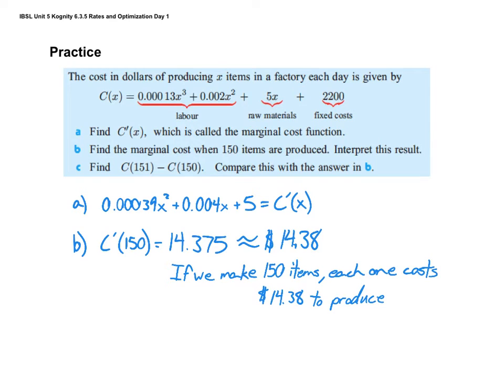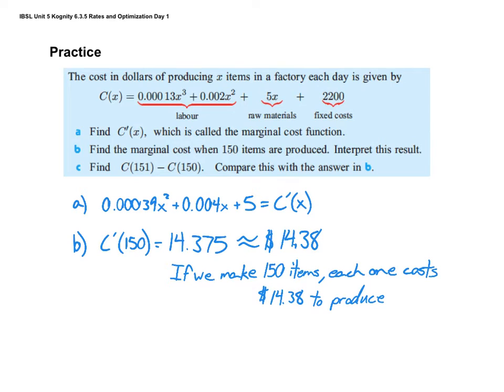So if I then took that number, and I'll use the unrounded number, 14.375 times 150, my total costs for those 150 items would be $2,156.25. That's how much it would cost to produce all 150.